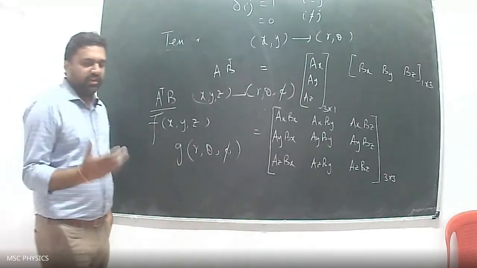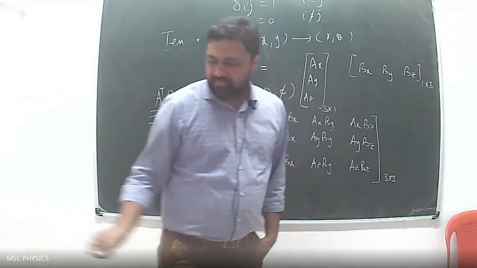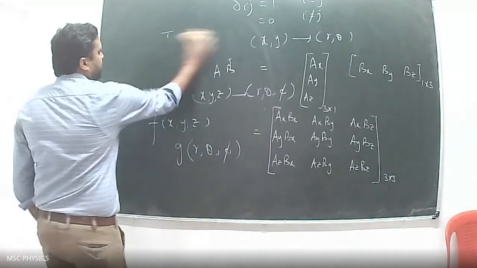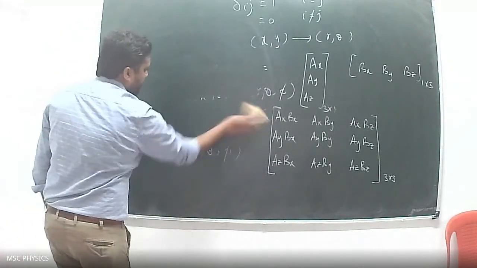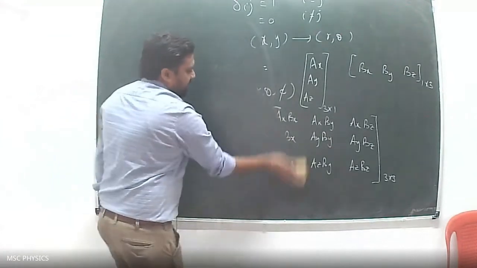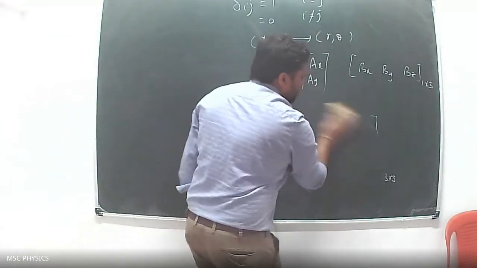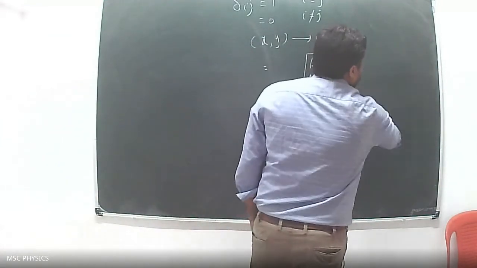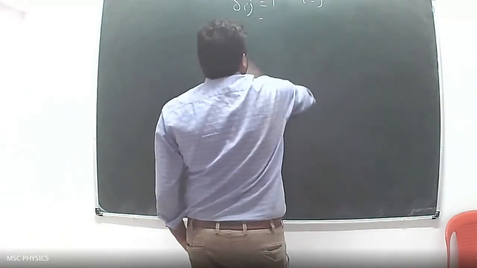But why do we need coordinate transformation? We are not discussing any mathematics now, simple things. Give me some examples in physics where we do coordinate transformation. We cannot live without it.